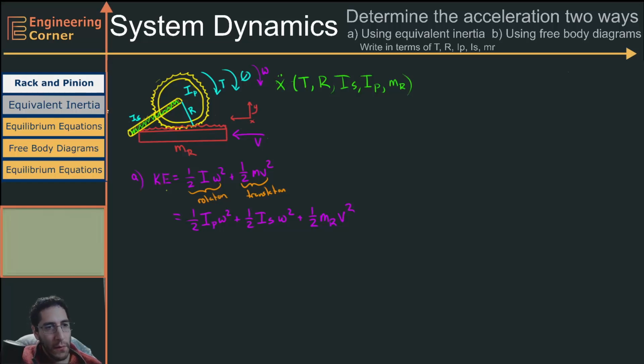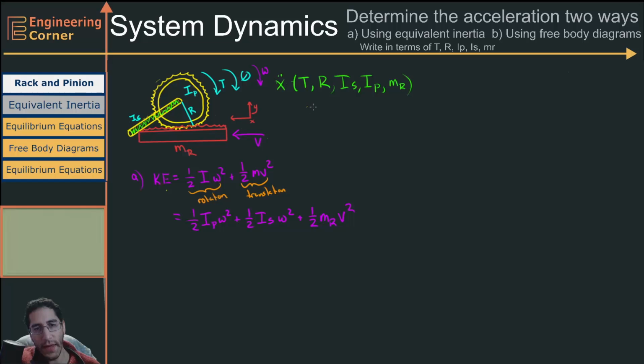But if you remember from one of my previous videos, we want to pretty much write this in terms of omega, our angular velocity. So we need a relationship between omega and our velocity.